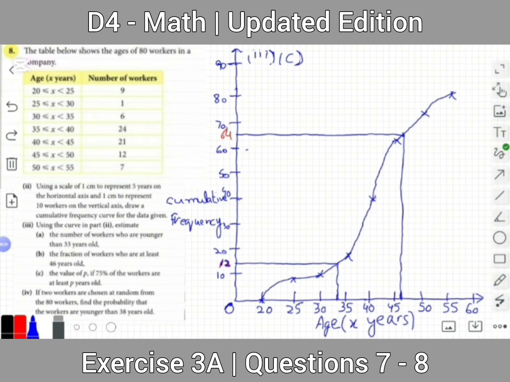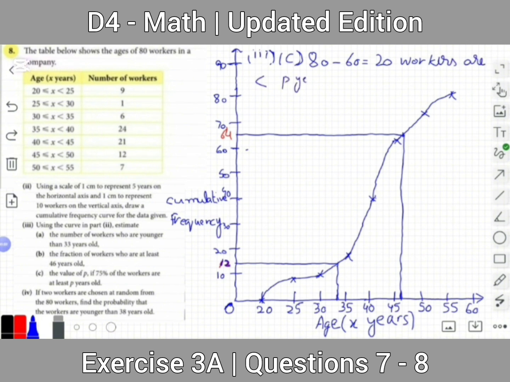So here we will subtract the number of workers who are at least P years old from the total number of workers. So we will get 20 workers are less than P years old.